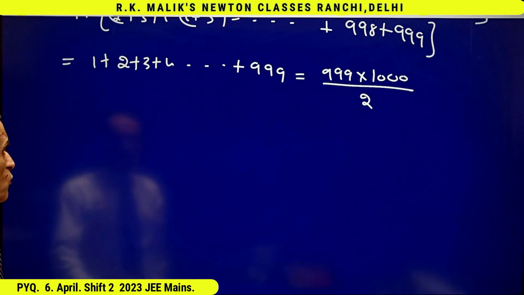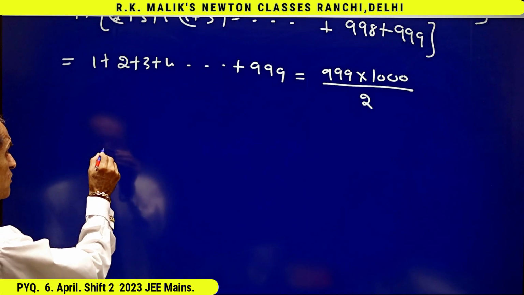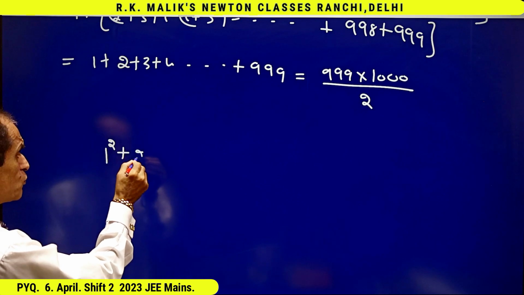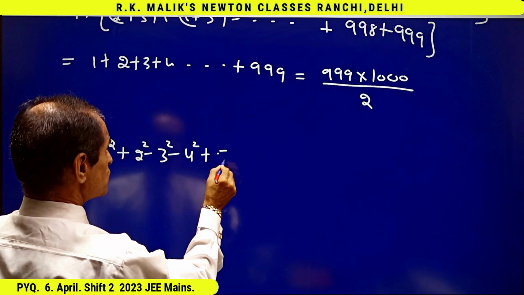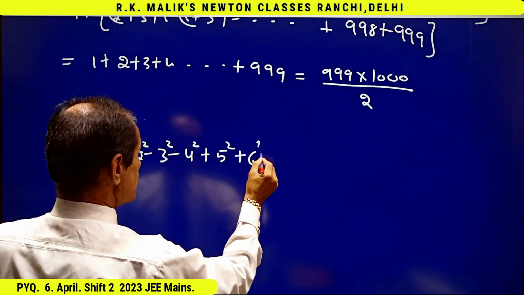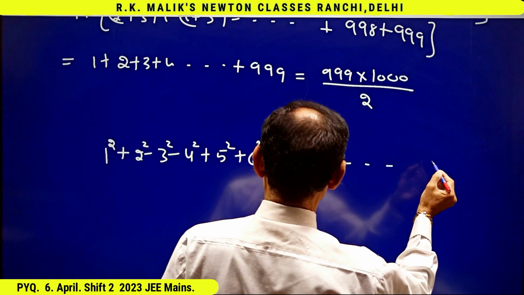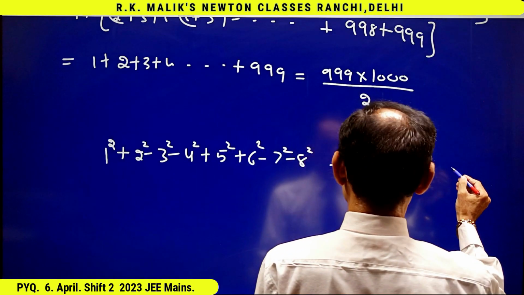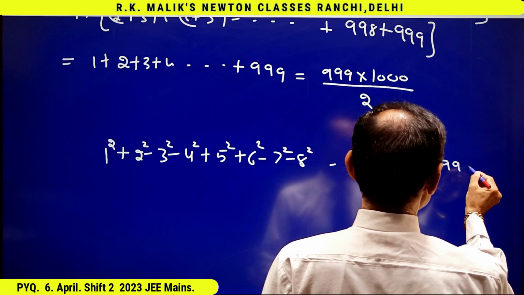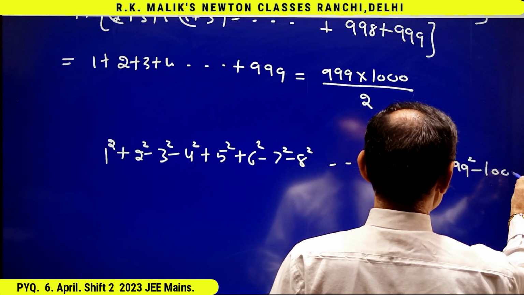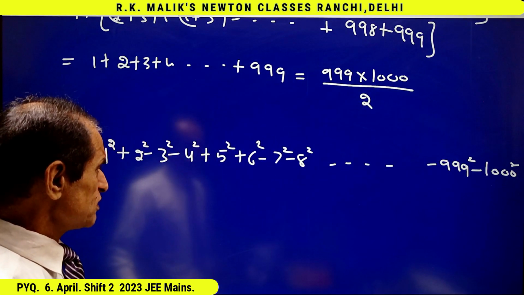Just for knowledge, I am telling you, a question in IIT had come. The question was 1 square plus 2 square minus 3 square minus 4 square plus 5 square plus 6 square minus 7 square minus 8 square up to minus 999 square minus 1000 square was there, and you have to calculate the value of this.